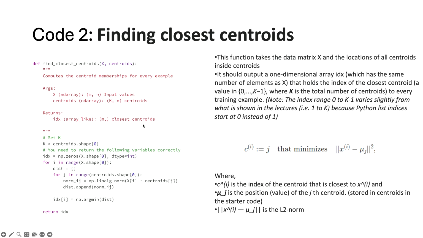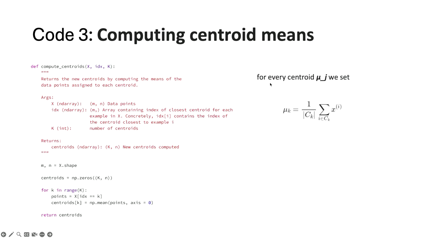Here is the find closest centroid function definition, which calculates the distances between each centroid and each data point. Here is the centroid calculation, where we calculate the mean value. You can take a closer look at this code yourself.